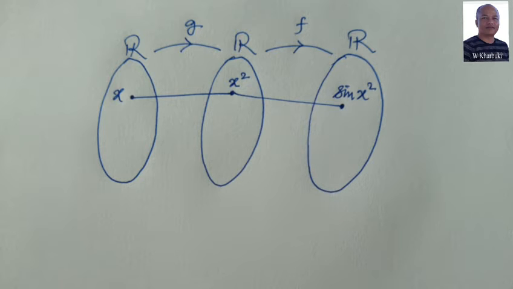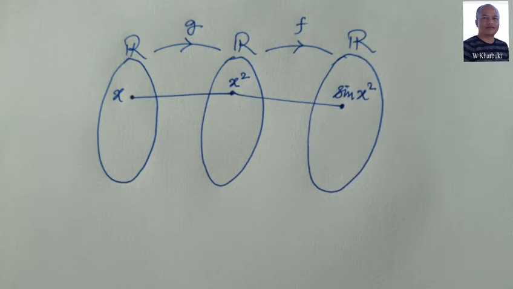So from two functions g and f, let us make a single function. That single function is called the composite function. So a composite function is a function which is composed of two or more functions. For example, we have taken the function g and the function f. Now g will take x to x squared.